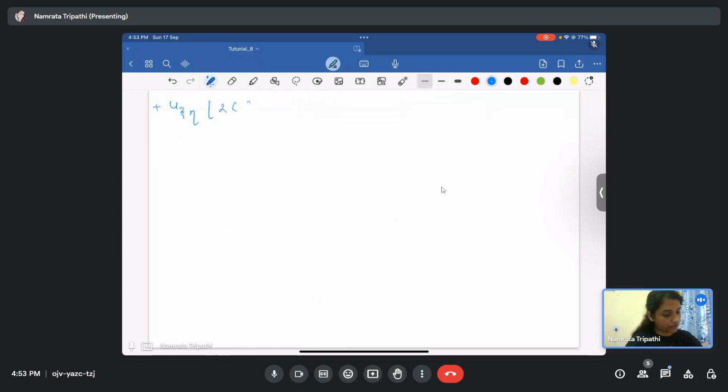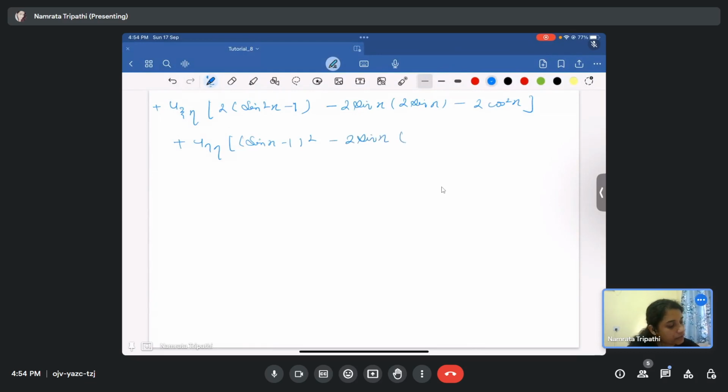You can check, I'm going to write the expression. And the coefficient for u eta is sin x minus 1 whole square minus 2 sin x into 1 plus sin x minus cos square x, fine.